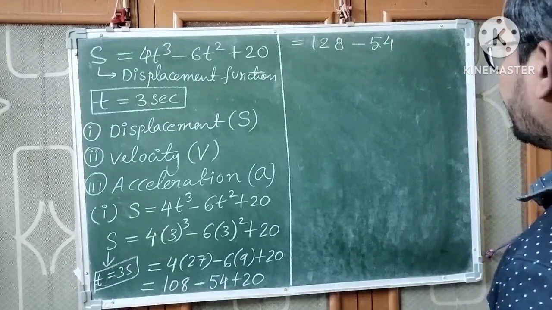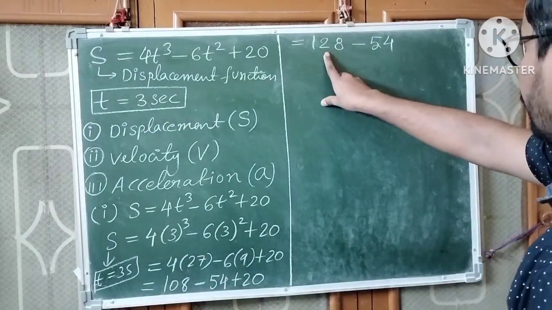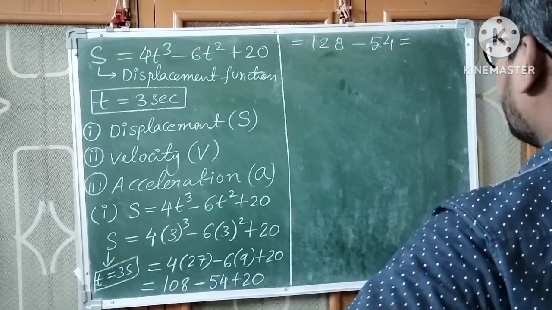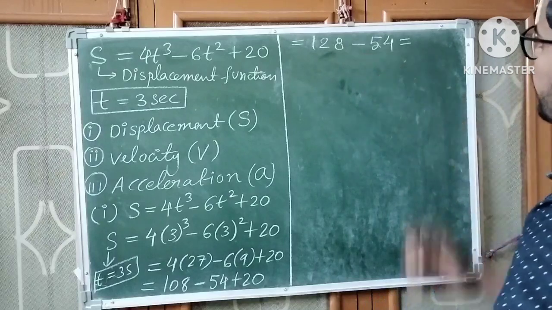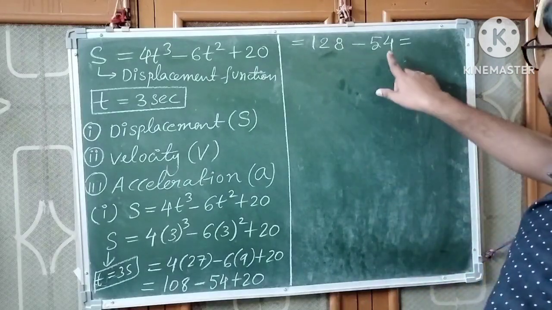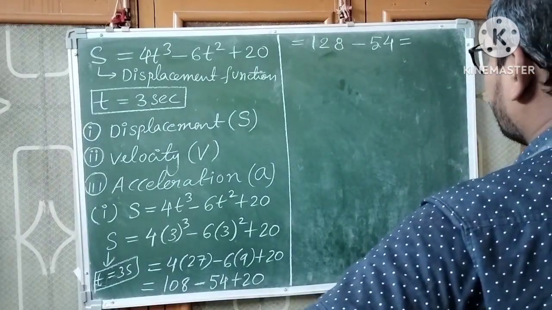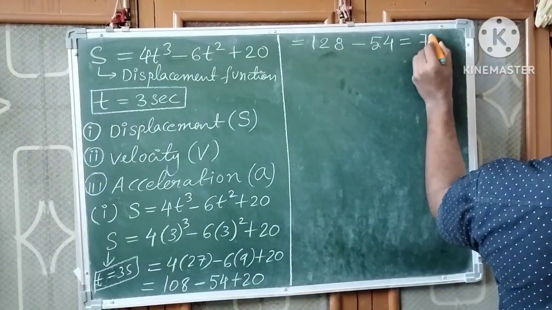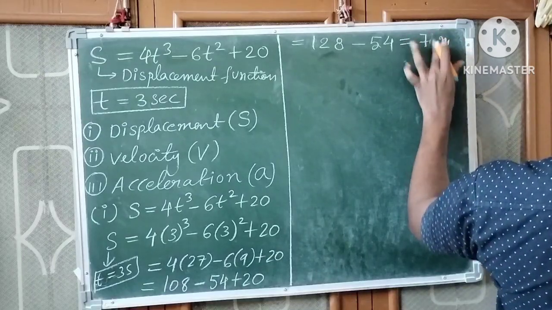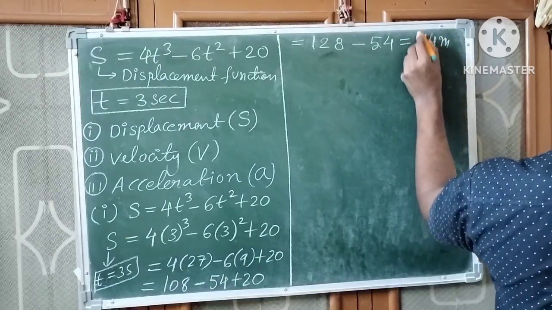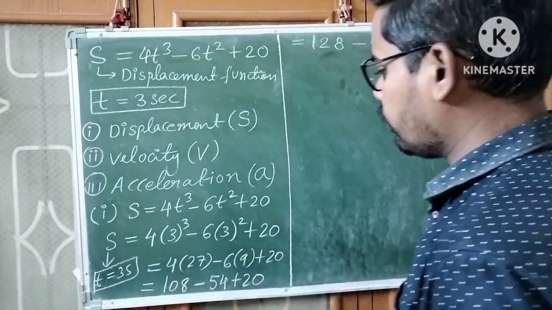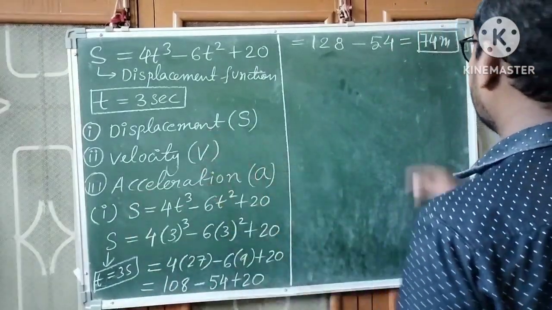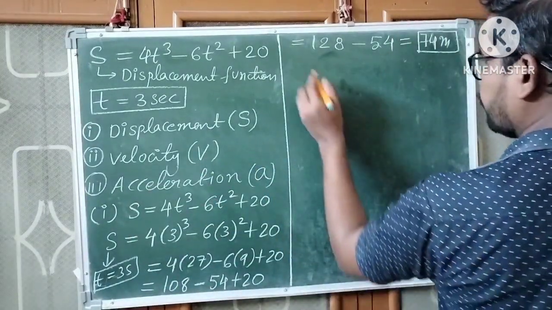First 100 minus 54 is 46, plus 28, that is 74 meters. Therefore the displacement of the body at t = 3 seconds, the first answer, is 74 meters.